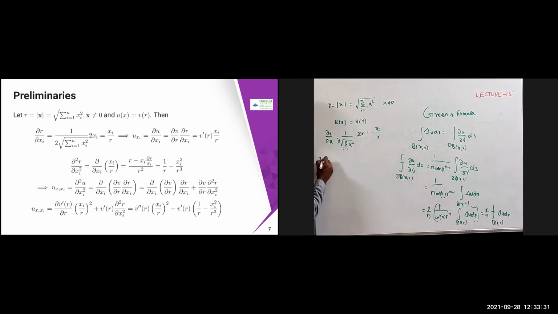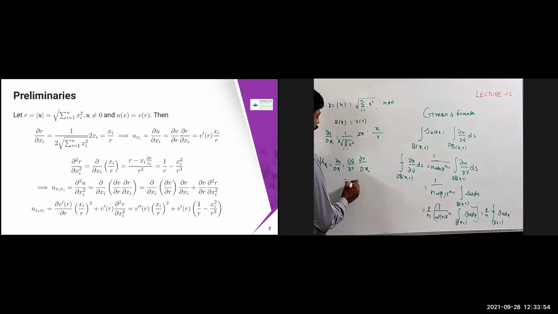So therefore, what is uxi? Uxi is nothing but dou u by dou xi, that I can write as dou u by dou r. But u is a function of x, so it is going to be v of r. So therefore, I'm going to write it as dou v by dou r into dou r by dou xi.